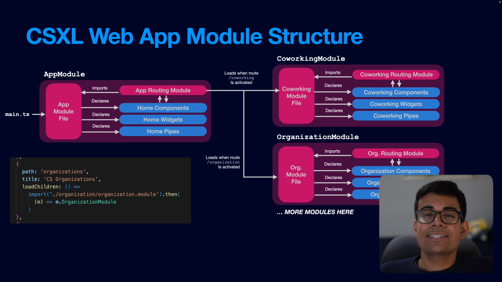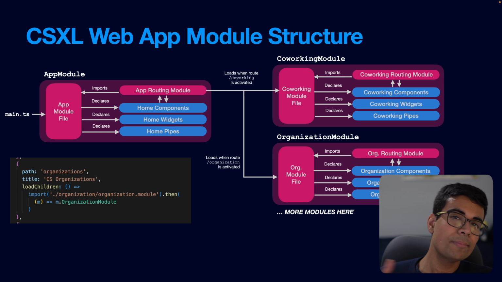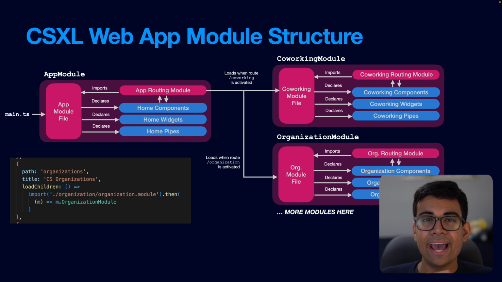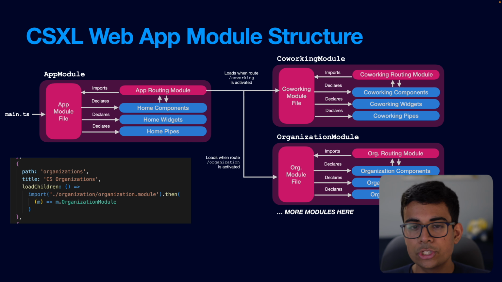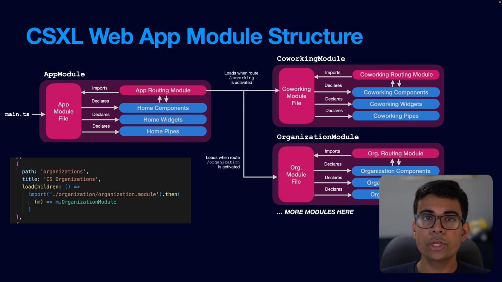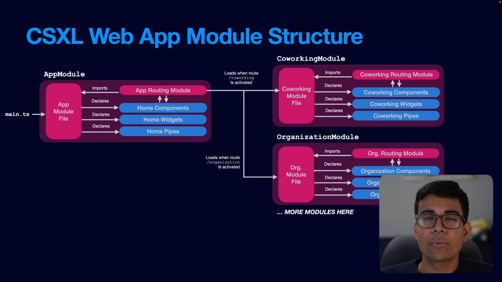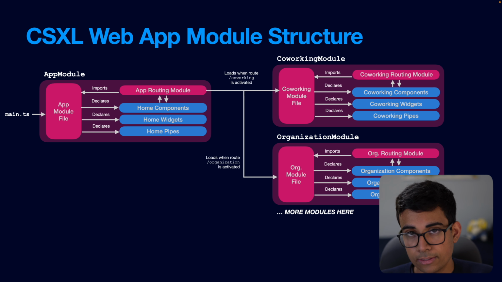So this makes it really, really nice because now we can load certain features only whenever we go to that route. So instead of loading everything all at once in the entire site, we just load the features that we need when we go to specific routes. And this is a very, very nice system, and this is the way that our main app works.